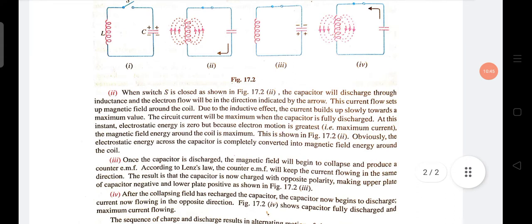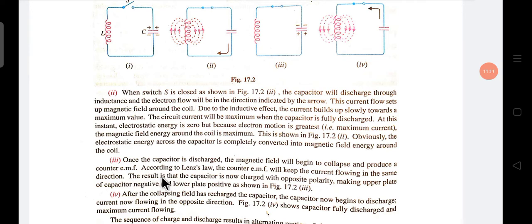Now the third step: once the capacitor is fully discharged, the magnetic field will begin to collapse and produce a counter EMF. EMF means electromotive force. According to Lenz's law, the counter EMF will keep the current flowing in the same direction.